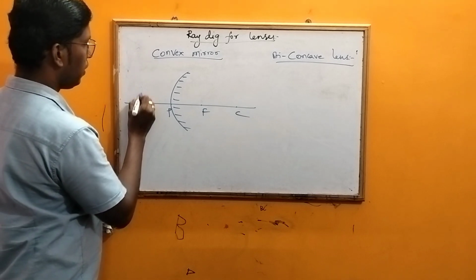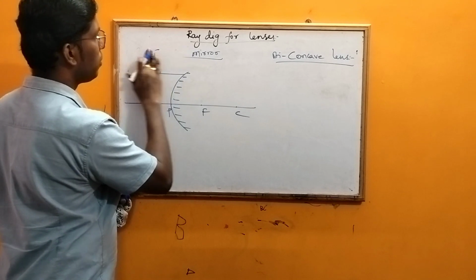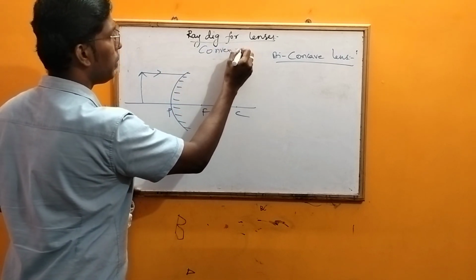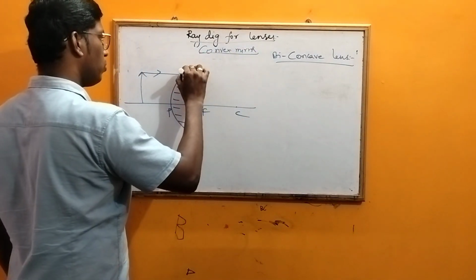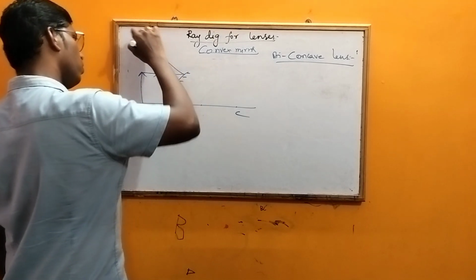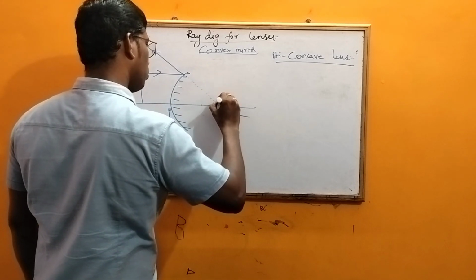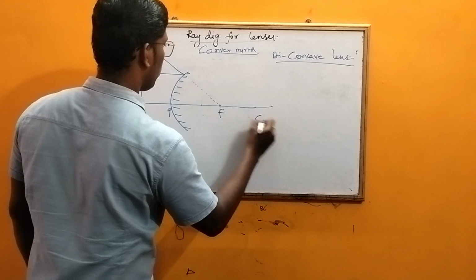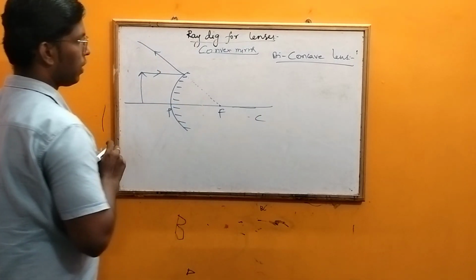If you place the object here, take parallel, what happens? Concave mirror is completed and convex lens is also over. Now, parallel, it appears to pass through the focus. It appears to pass through the focus point. I locate the focus here. Okay, this is the one case.